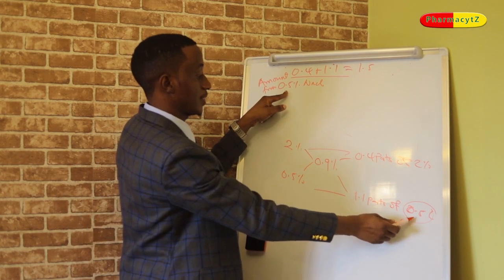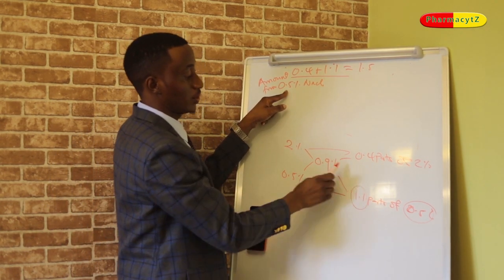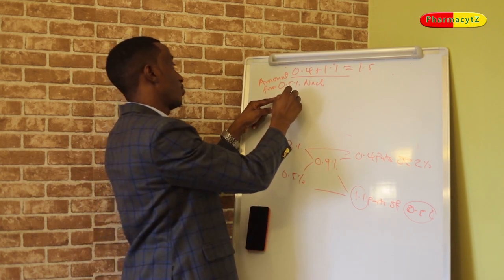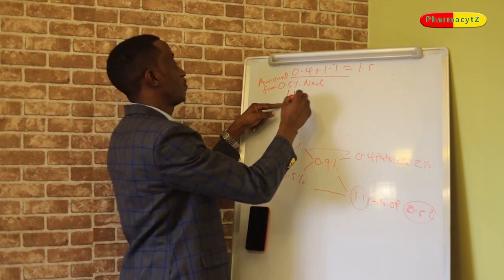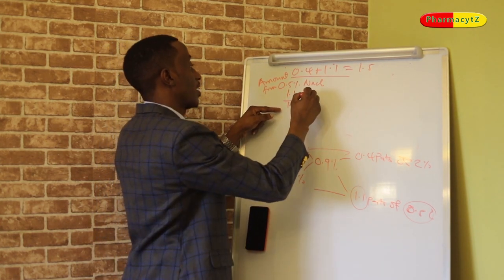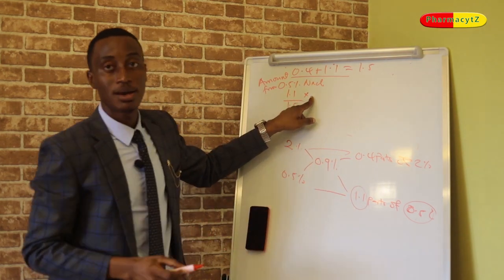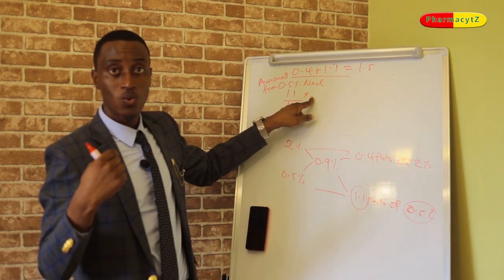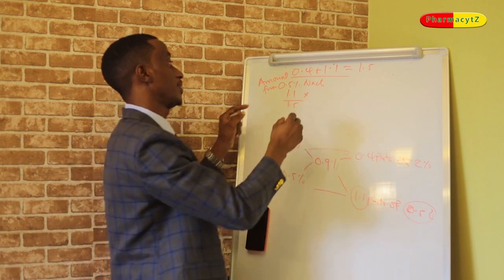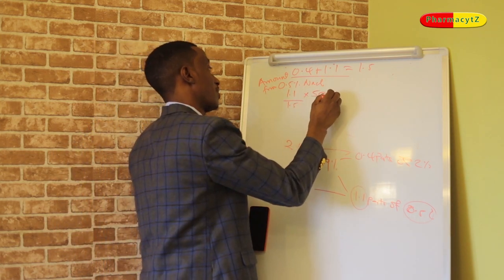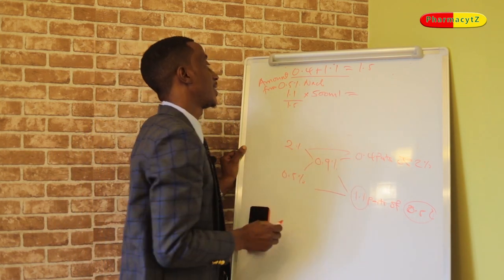So 0.5% has got 1.1 parts. Then this is 1.1 parts over total parts, which is 1.5, multiplied by the required amount. The required amount was 500 mils. So you multiply by 500 mils, then you will get the answer.